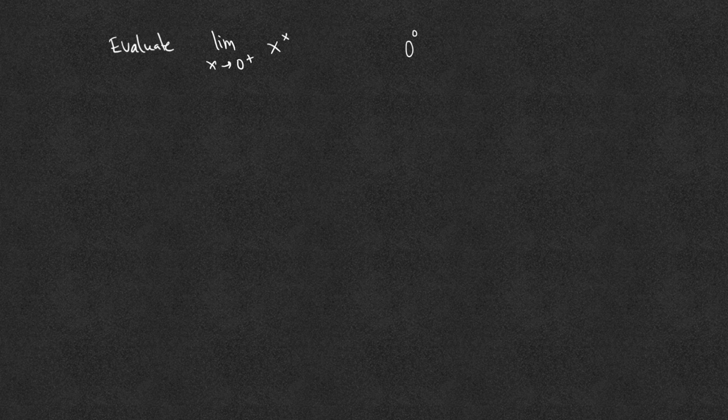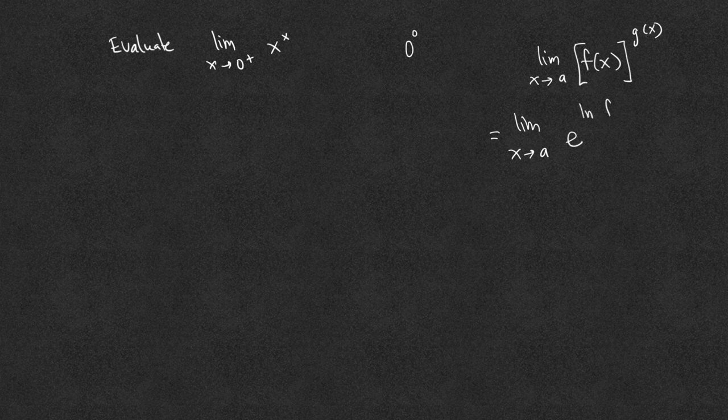If we have a function of x in the base and a function of x in the power, that is, if we have the limit as x goes to a of f of x raised to another function in terms of x, g of x for instance, then we would need to rewrite it as the limit as x goes to a of e raised to ln of f of x raised to g of x.